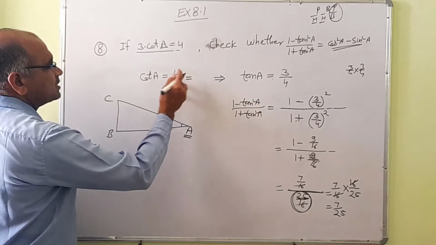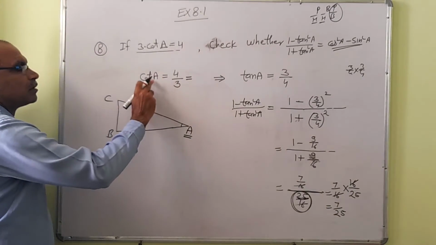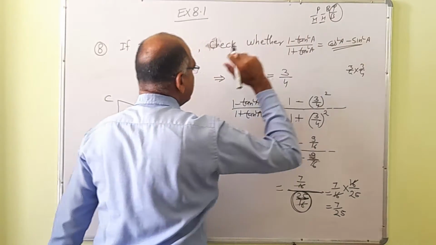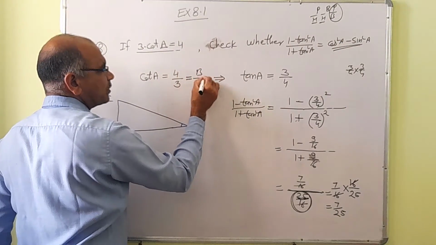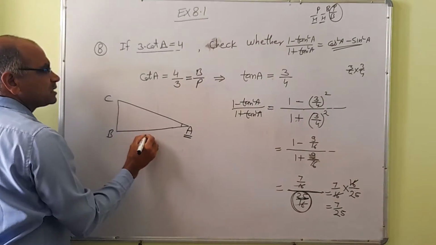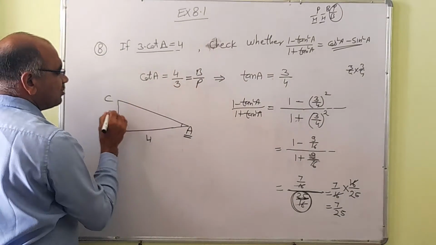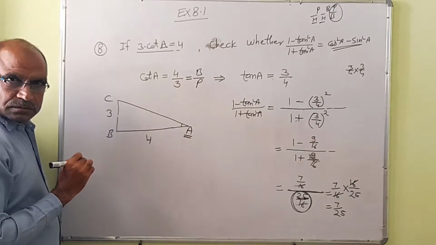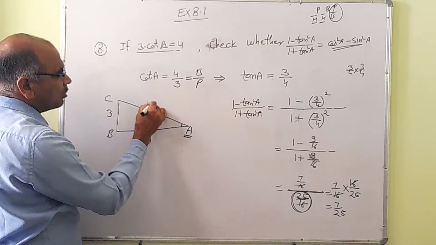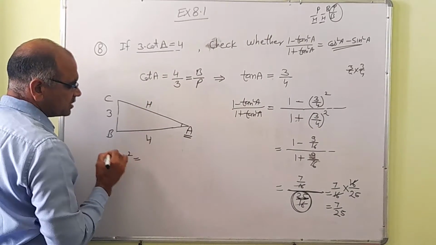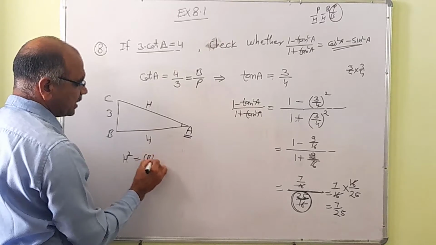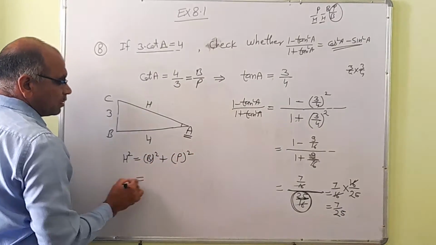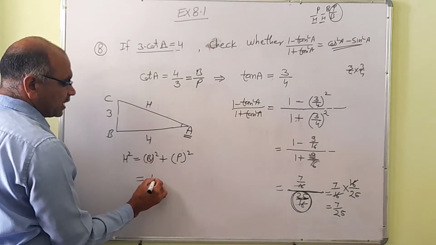And what is the formula of cot? Cot is reciprocal of tan. So base upon perpendicular. This is base 4 and perpendicular is 3. So our hypotenuse is unknown. Apply the formula of hypotenuse. Hypotenuse square equals to base square plus perpendicular square. And what is the base? Base is 4 units.